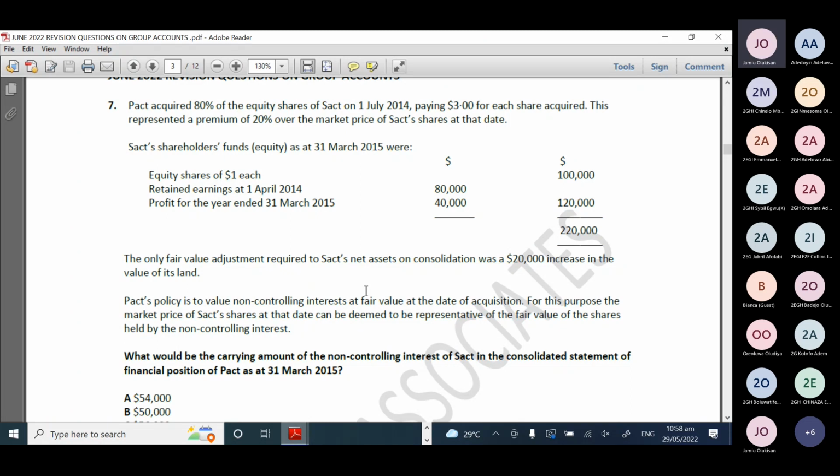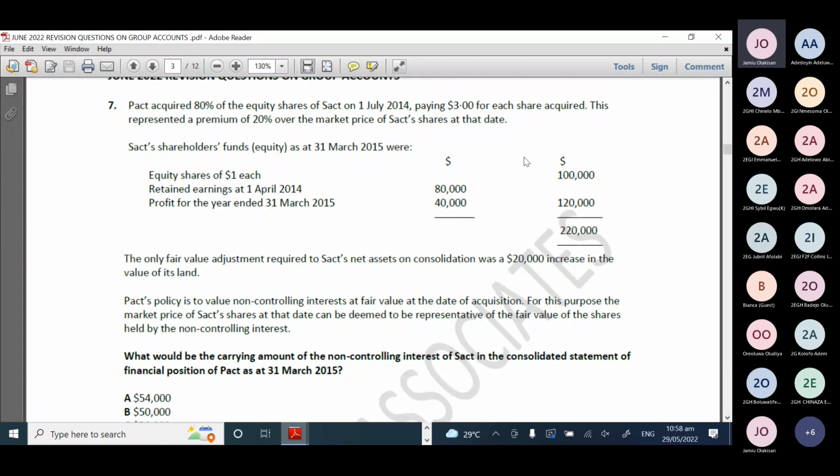The number of shares at the end of the year is what it says. It's 2015, so at the end of the year, it is 100,000 equity shares of $1. And they did not tell us that the share capital has changed.